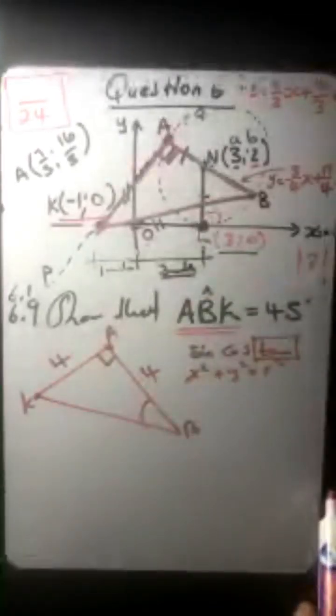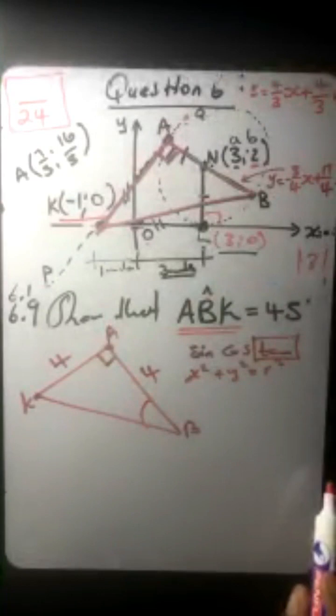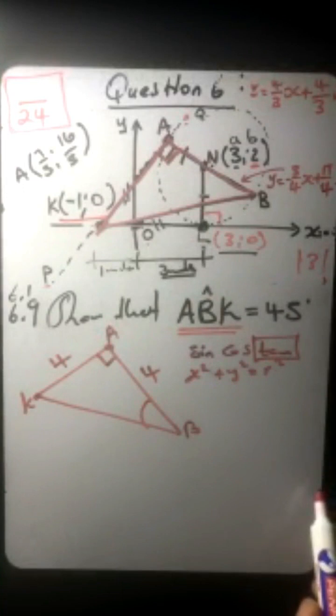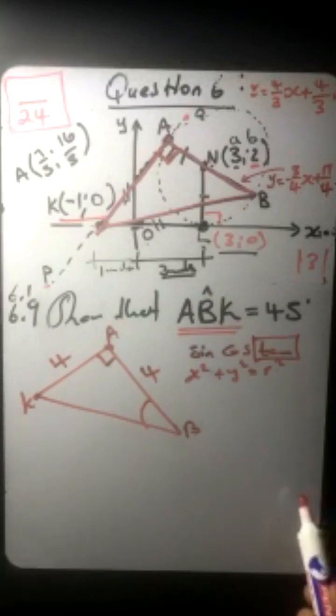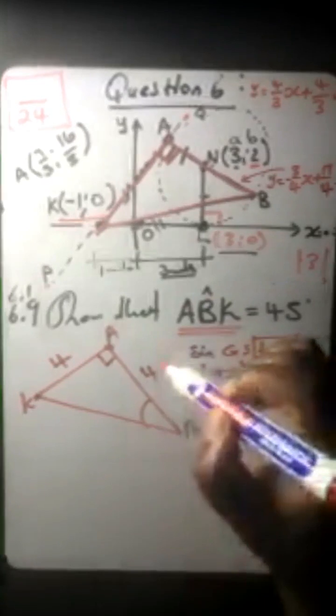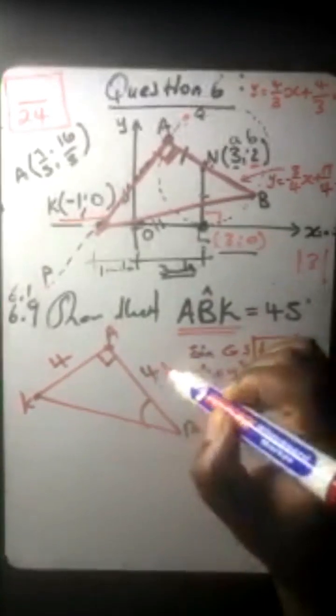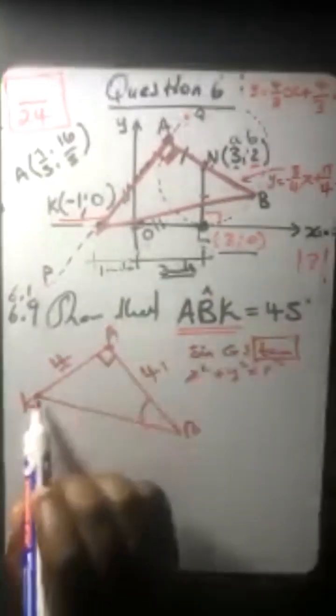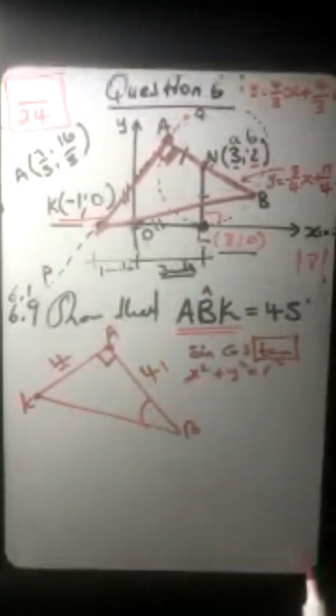I think it's going to be sine. Will it not be sine? No. Not sine, but I think it's tan. Yes, it's tan, because this is adjacent and this is opposite. Nothing to do with the hypotenuse.